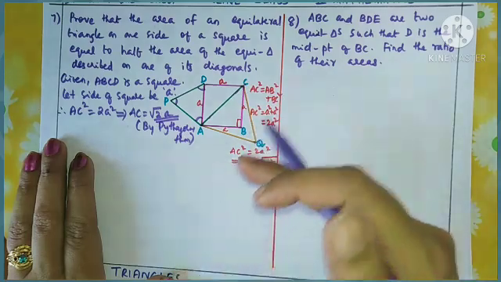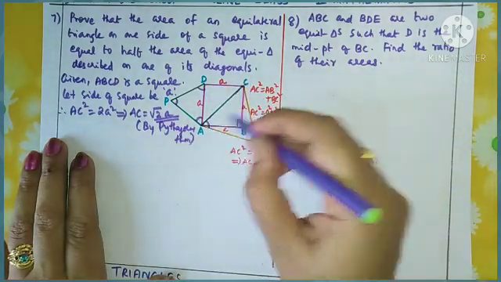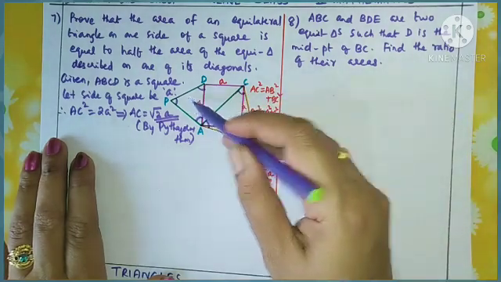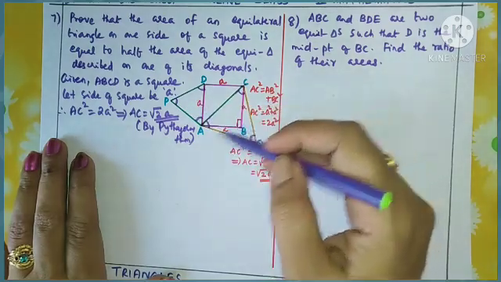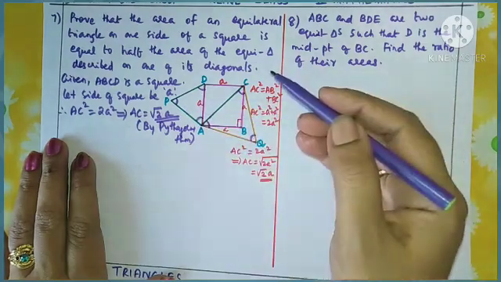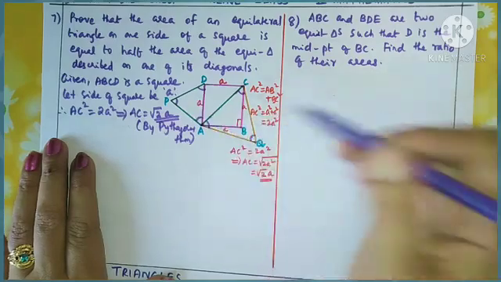So if three angles are equal, then each angle is 60 degrees. Similarly here also the three angles are equal to 60 degrees. So what can we say about these two triangles? They are similar. Okay, how can we say? By angle similarity we can say each angle is equal to 60 degrees. So these two triangles are similar.